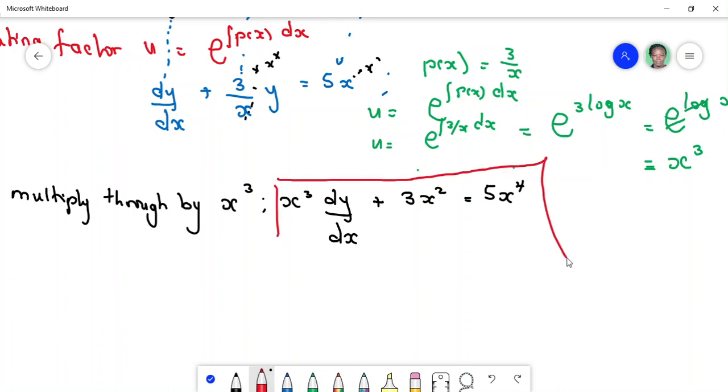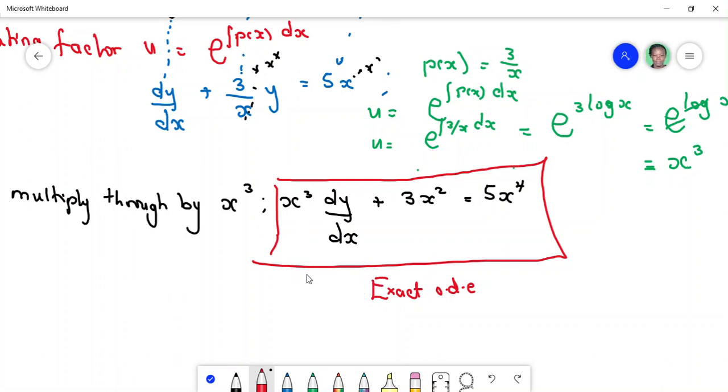So now this differential equation is exact. You can check if it is exact by writing it in the differential form.